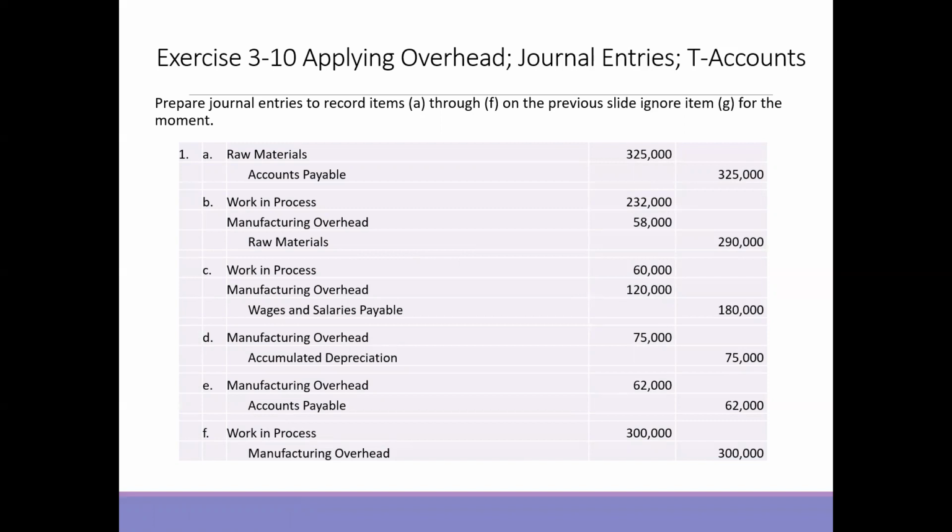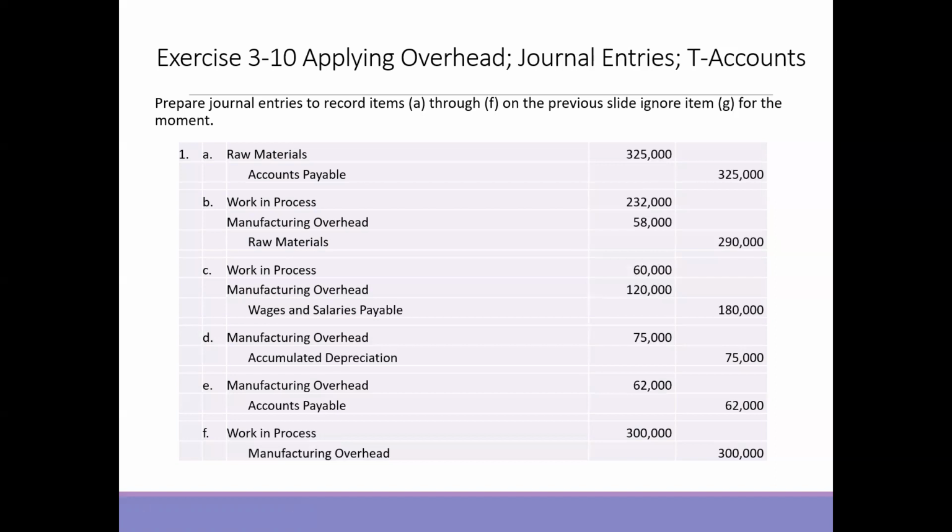We put our salaries, direct wages straight into work in process, indirect wages into manufacturing overhead. Our depreciation on equipment goes straight into manufacturing overhead. This must be other miscellaneous items that we were purchasing that go straight into manufacturing overhead.